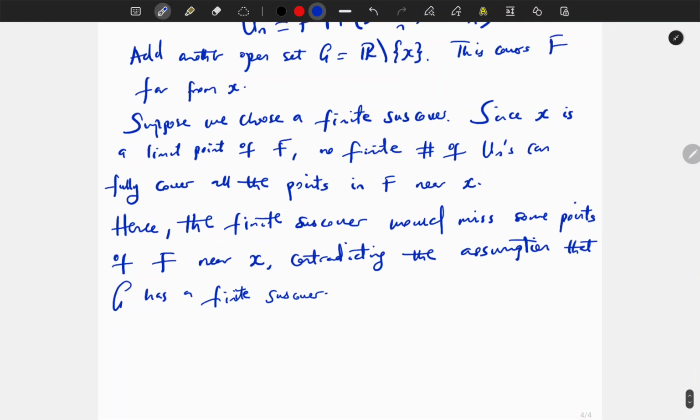So that shows that F must contain all its limit points. If it contains all its limit points, that means F is closed.